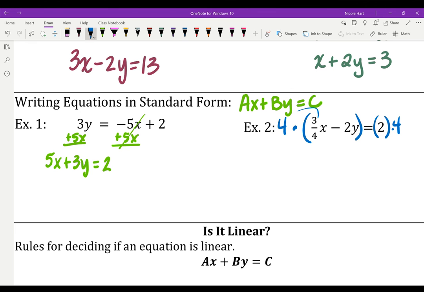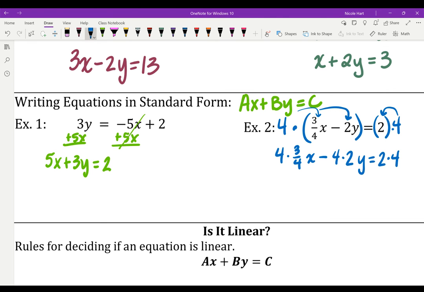That's going to be distributing, so that 4 is going to get multiplied to every piece. So we have 4 times 3 over 4x minus 4 times 2y equals 2 times 4.